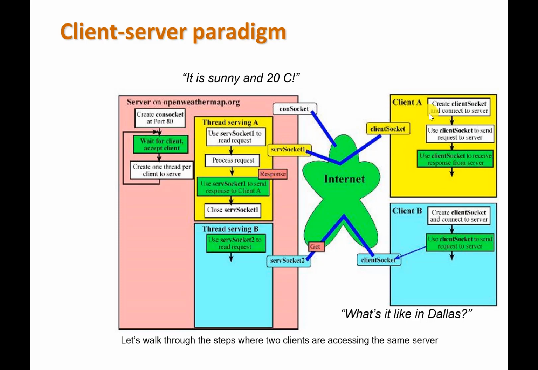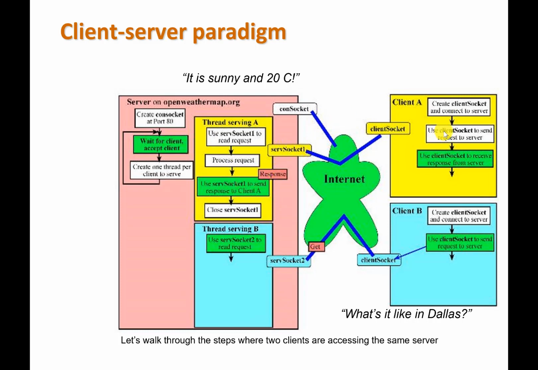With TCP, with a GET and with a POST request, there's always a response. So again, it's a handshake operation. This is TCP. Client B wants to know its weather, and client A is getting its response, which is a TCP response back here.